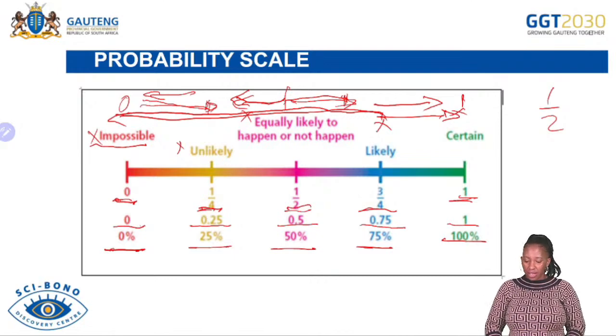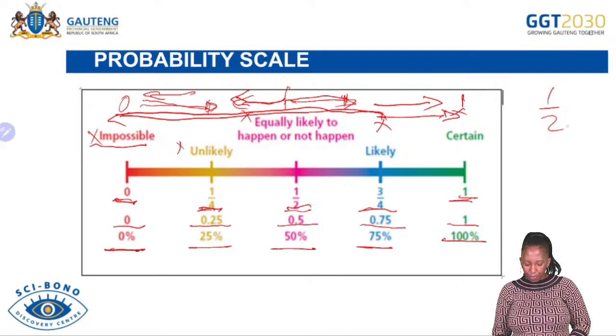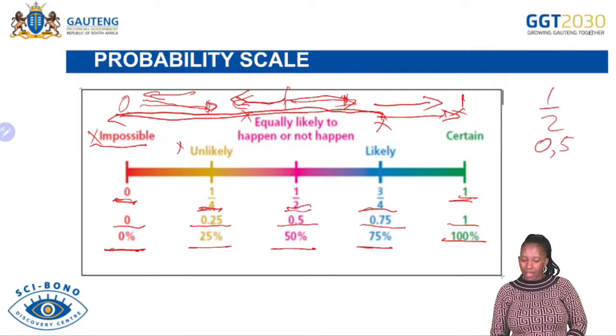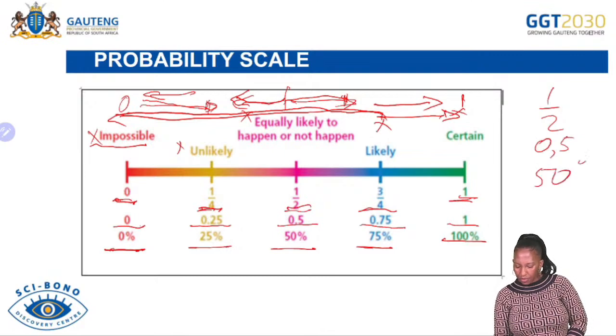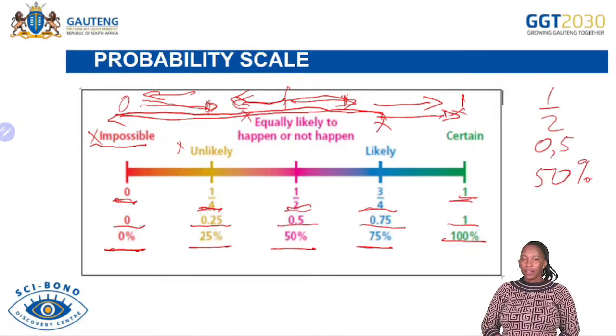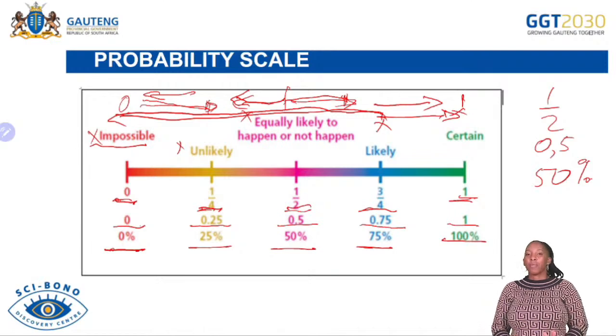And then when they say as a fraction, it's half. And then as a decimal, we know half is 0.5. And then as a percentage, it is 50%. That is all about the probability scale. Boys and girls, I hope you understood the terminology and the probability scale.